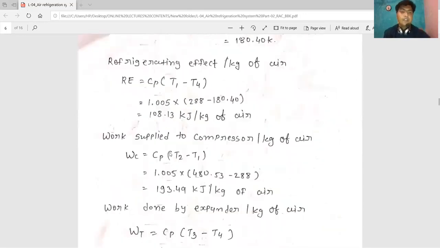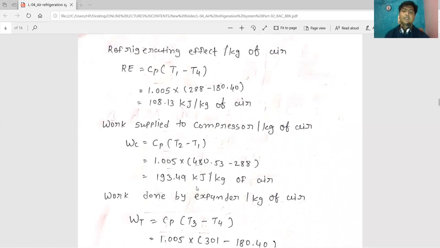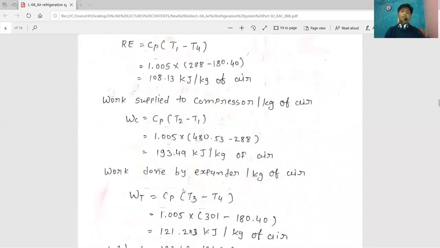Now, the work supplied to the compressor. Work of compressor is Cp times T2 minus T1. Again, put all the values: 1.005 into 480.53 minus 288. So the work of compressor is 193.49 kilojoule per kg. Now the work done by the expander.